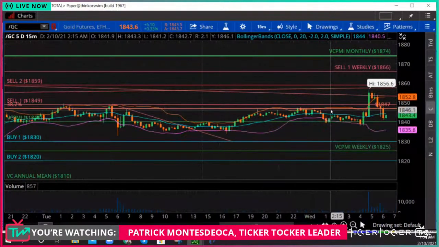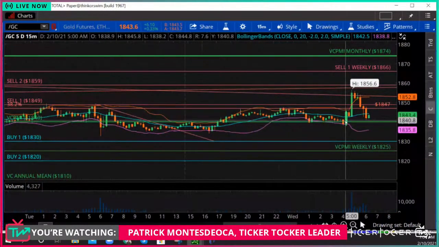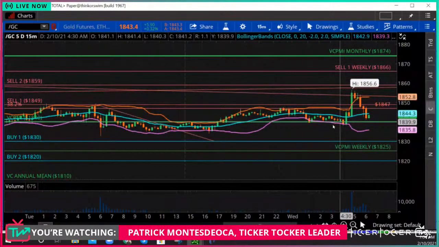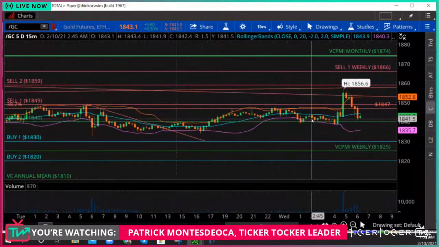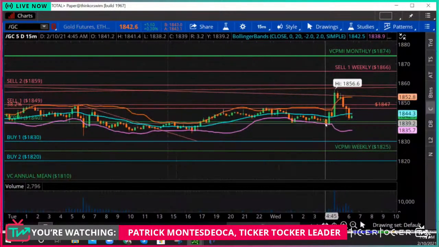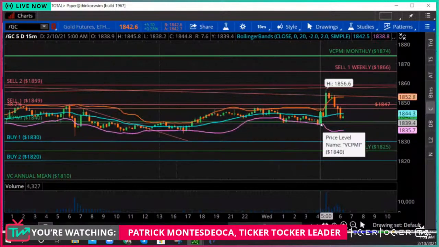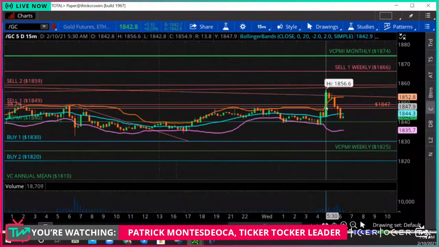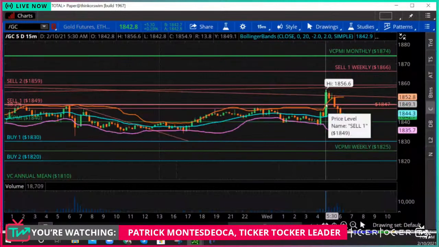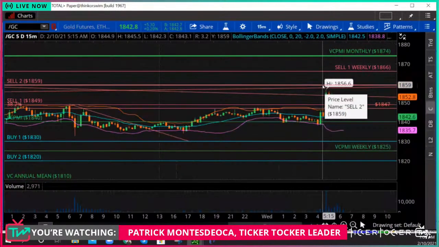And finally, after coming back down again and testing the average to see if we have identified more buying in the market, we see that the market came right below the average of 1840 and then reverted with a vengeance, moving right into the target of 1849 daily and not quite getting up to 1859.